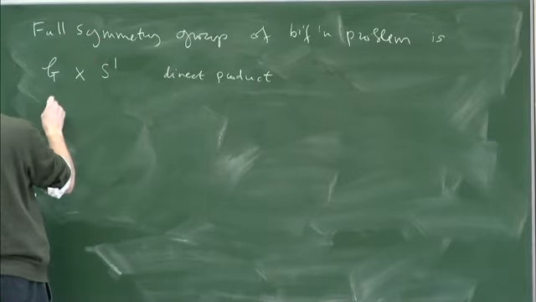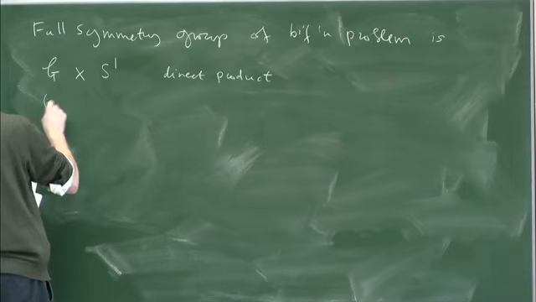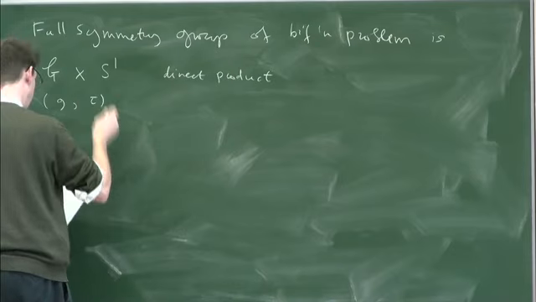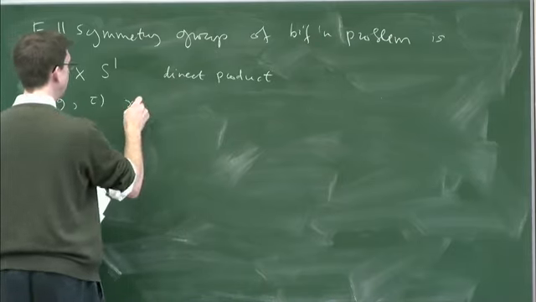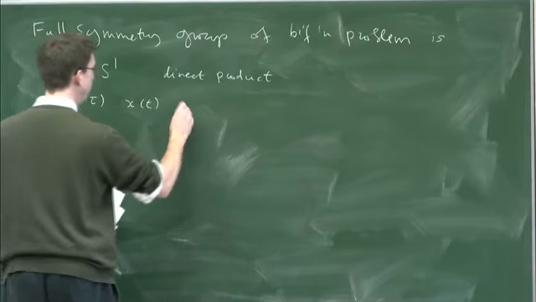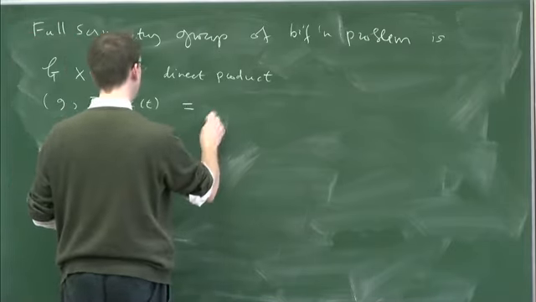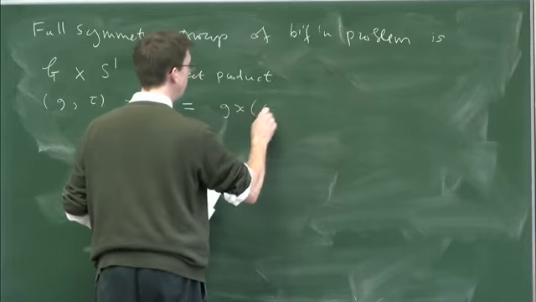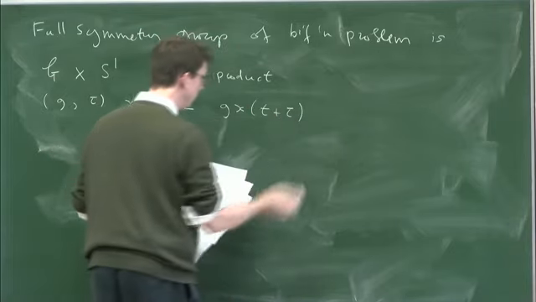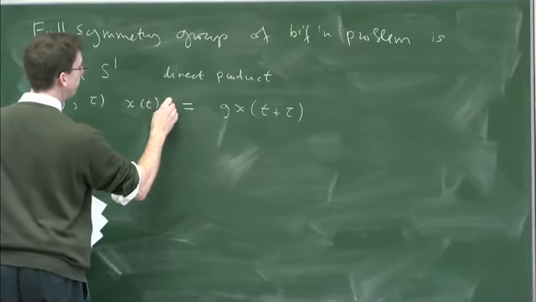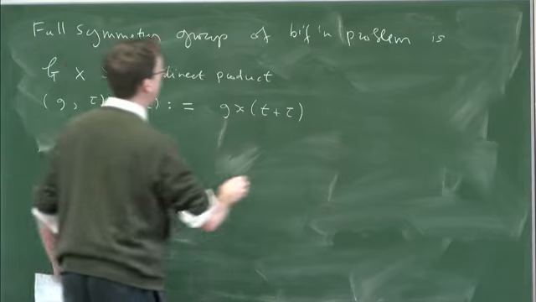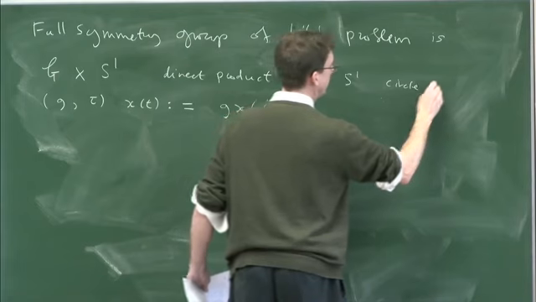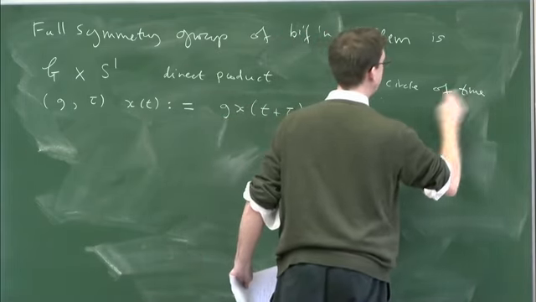So one might choose to think about these things acting as pairs, (g, tau), acting on a solution x of t as g x of t plus tau. And so S1 is a circle of time translation.